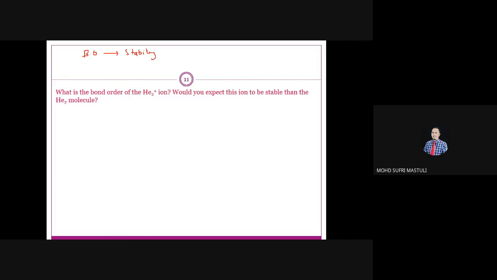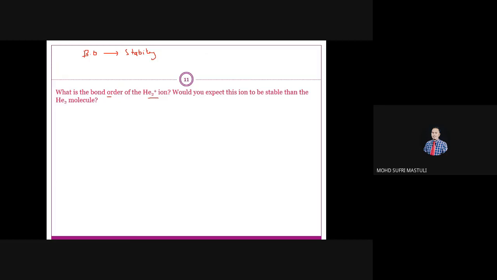In this particular example, it is asking you what is the bond order of He2 plus. Would you expect this ion to be stable compared to the He2 molecule?